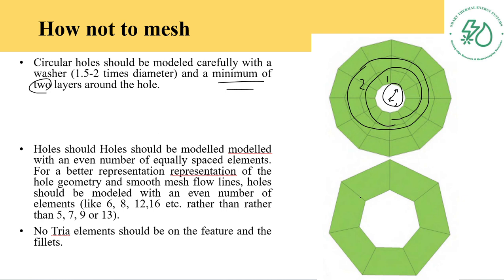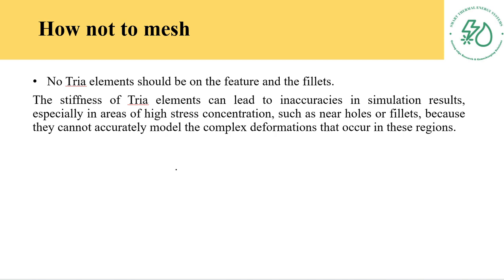And the number of elements that surround these holes should be an even number. You cannot use that one. It's not right because it's 7, but you should use even numbers, as in that picture. More importantly, no tri-elements should be on the feature and the fillet.